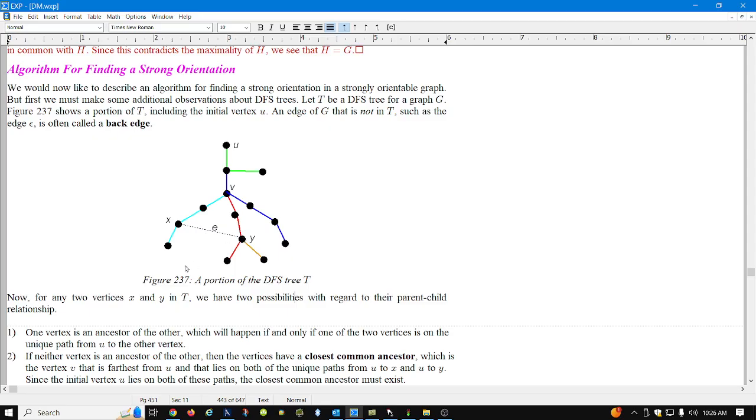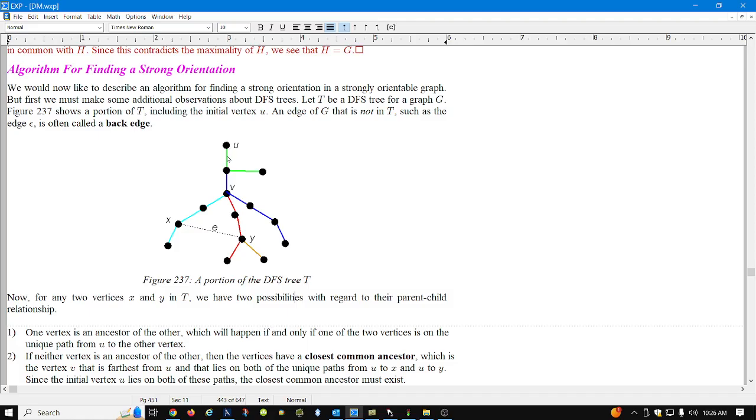And that's the vertex V, and it is V in this picture as well, that is farthest from the initial vertex, but lies on both of the unique paths from U to X and from U to Y. So we just start at U and we follow the unique path to X and to Y. Two paths we're following. They both start at U.